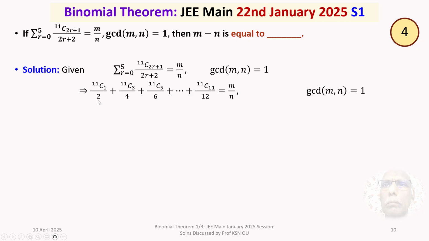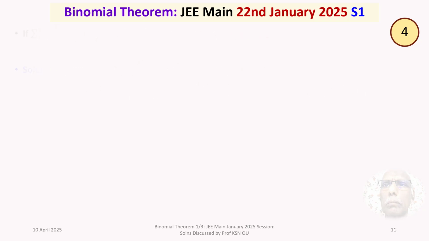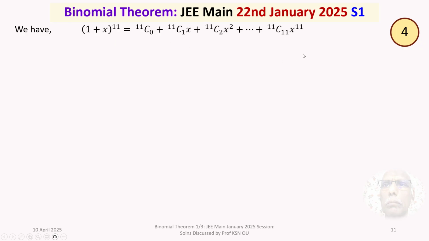And the denominators 2, 4, 6, 12, they all tell you something. Once you are getting a denominator, somewhere some integration must take place, between an integral 0 to 1 or integral minus 1 to 0. So what we first take is 1 plus x to the power of 11 and its expansion.